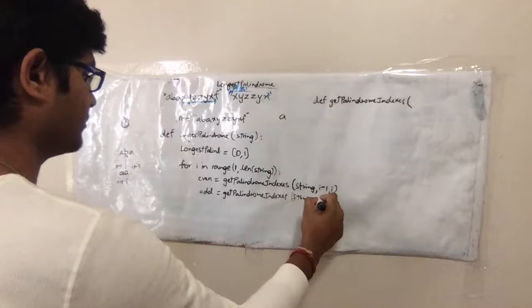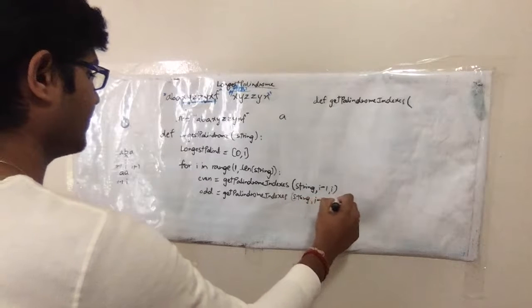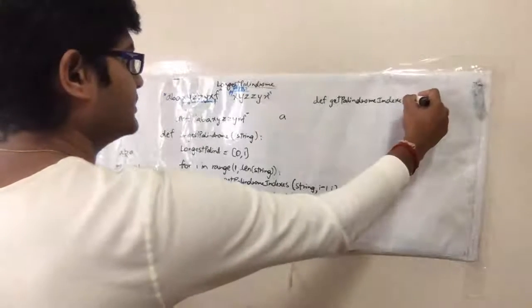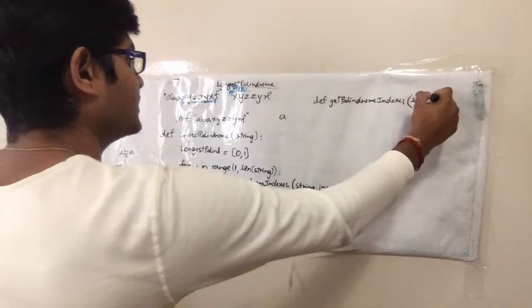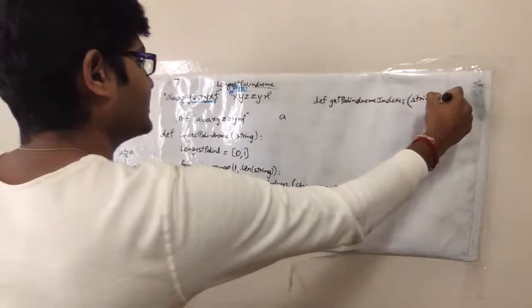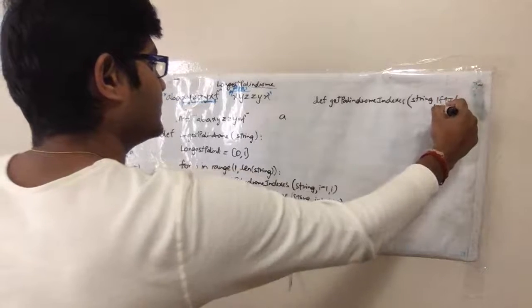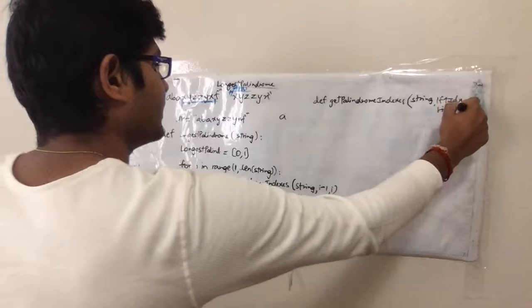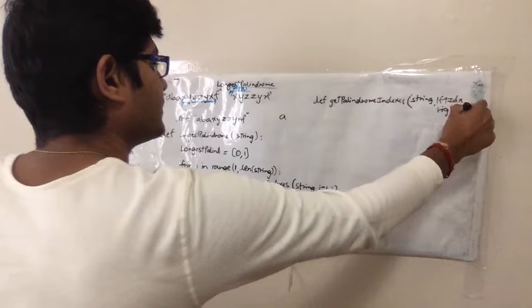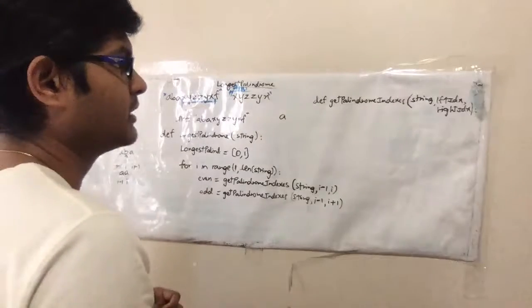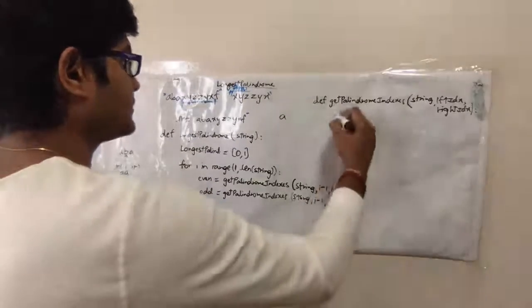That's what I'm going to pass here: I minus 1, I plus 1. Okay, so this will take the parameters string, left index and right index. What it needs to do is check whether it is a palindrome or not.